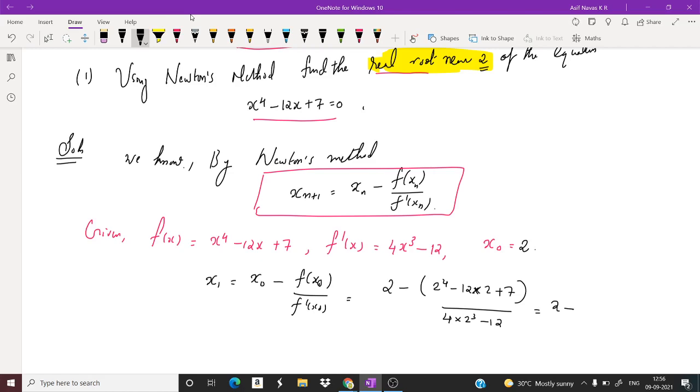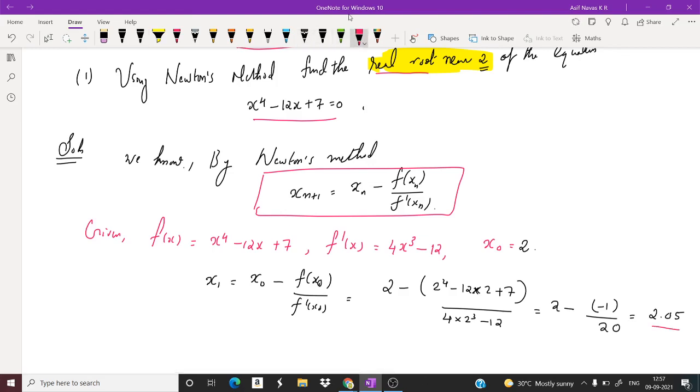That is minus 1, right? Divided by 4 into 2 cube, 4 into 8, 32 minus 12, 20. So the first approximated value is 2.05.